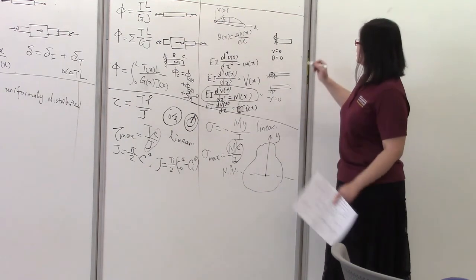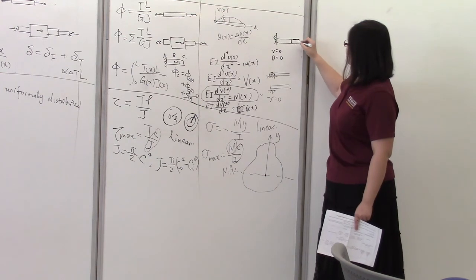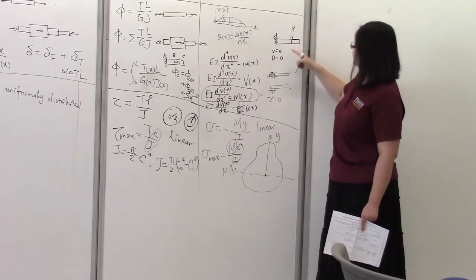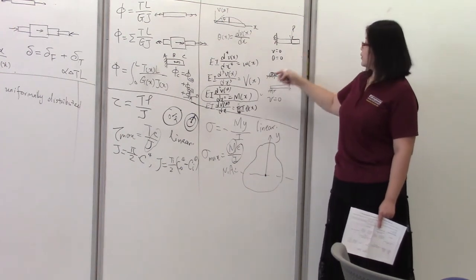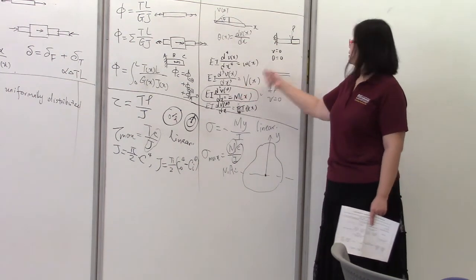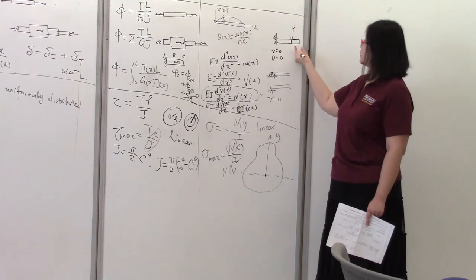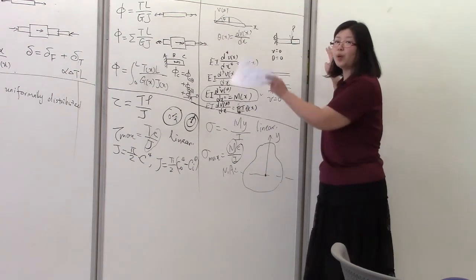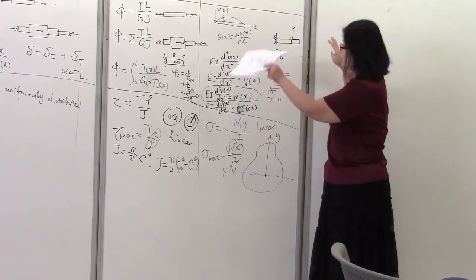Now for continuity conditions, if you have a division point somewhere, then you'd have to have 2 different second-order differential equations, one for the first segment and one for the second segment. You would integrate those second-order differential equations twice.